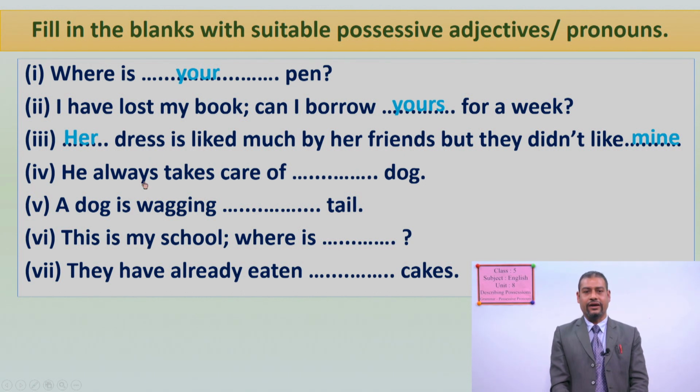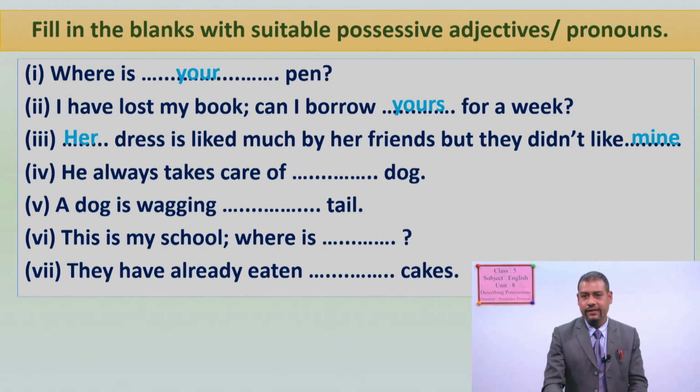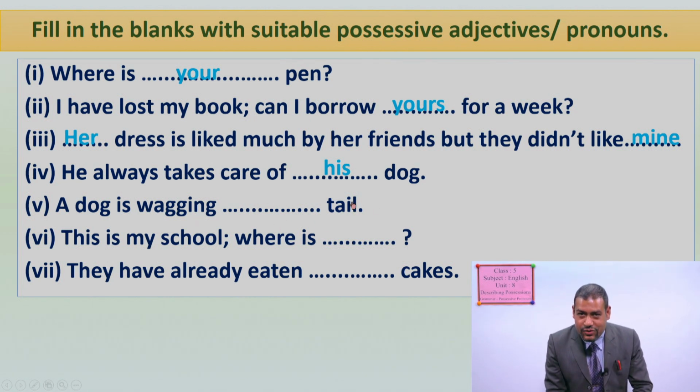Number 4. He always takes care of. Now here is the naming word dog. That's why you have to supply here a possessive adjective. And the possessive adjective here is his. Isn't it? Very good. Now number 5. A dog is wagging. Whose tail? Tail is a naming word.